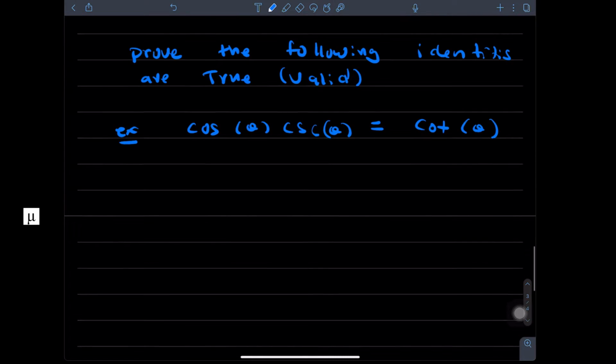What I want you guys to note is 2 things here. You have a left side, and you have a right side, and those are for equations.